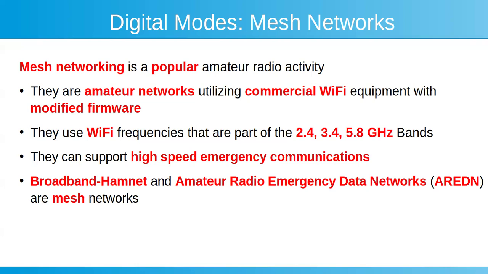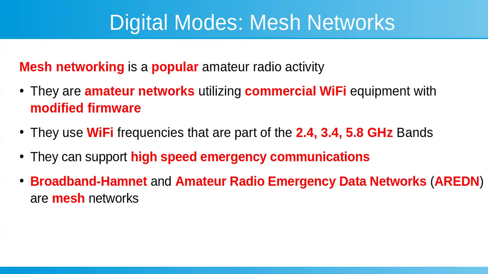Then there's also mesh networks. I don't know how popular they are; they claim it's becoming popular. I don't know that there's any in our area that I've heard of. But essentially, you can take a commercial router, modify the firmware, and use it in the amateur bands.